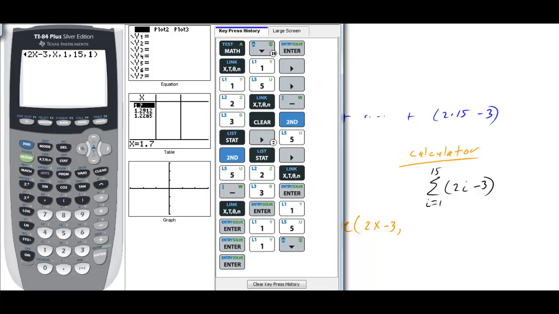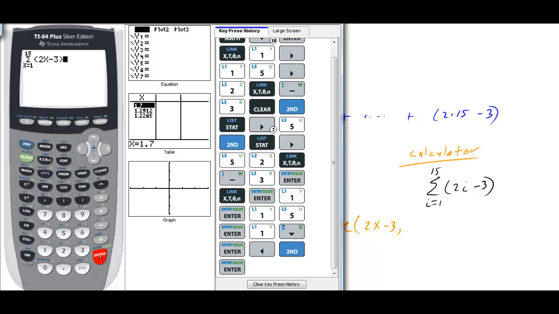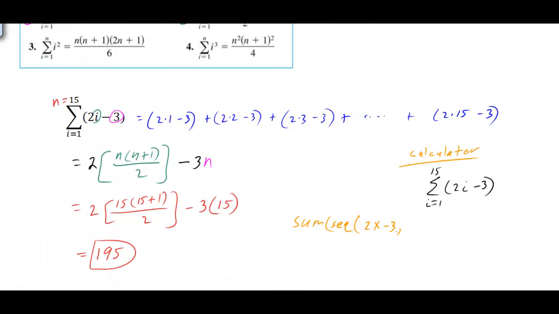Okay, and what this is going to look like, (2x minus 3, comma x). So you type in your variable, and here in the function it's I, but we're using x.